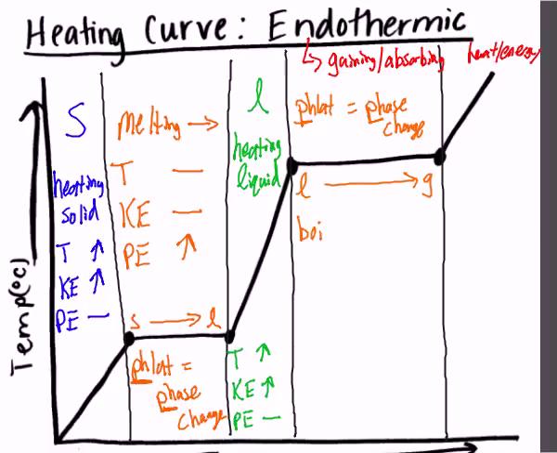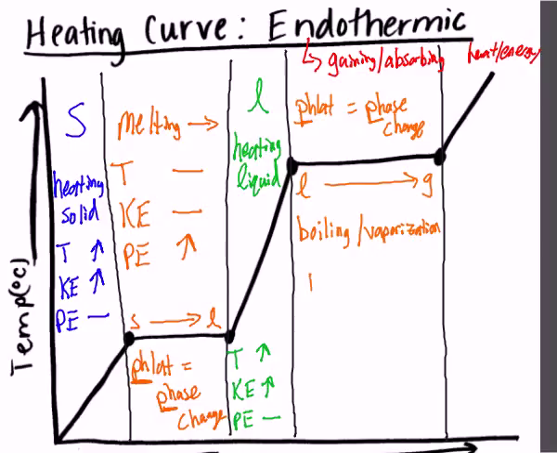Another term is? No, it's not evaporating. Vaporization. We'll talk about this here in just a second. What's the difference between the two? Boiling and vaporization, guys, mean the same thing. Evaporation does not. We'll come back to that in just a second.